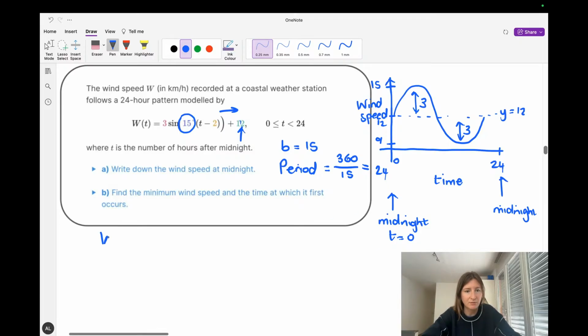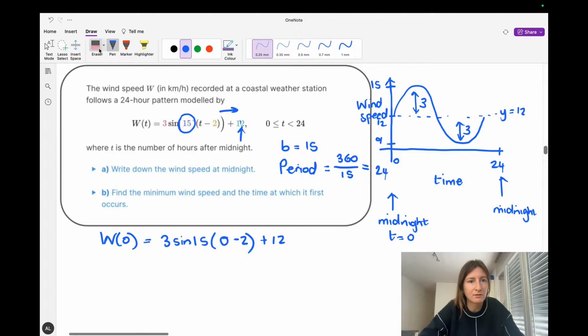So let's take W of 0, 3 sine 15 times 0 minus 2, plus 12. So 3 sine 15 times minus 2, because 0 minus 2 is just minus 2, gives us minus 30 plus 12.